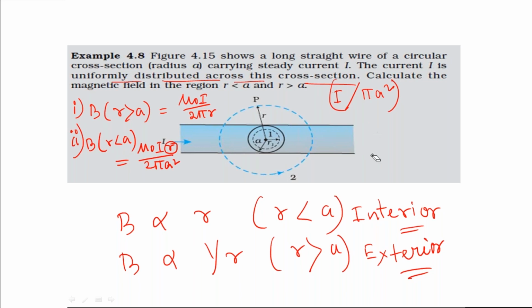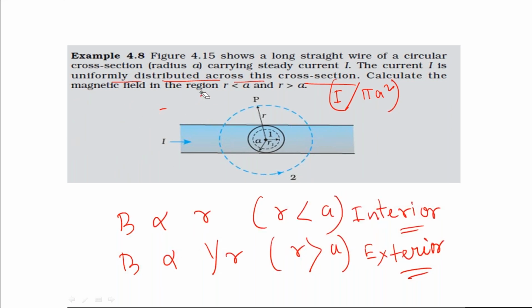So now look, if you have been asked to draw the magnetic field due to this wire, how does it vary? Look here. Suppose this is the center of the wire, and this is a, and I have a distance r over here.